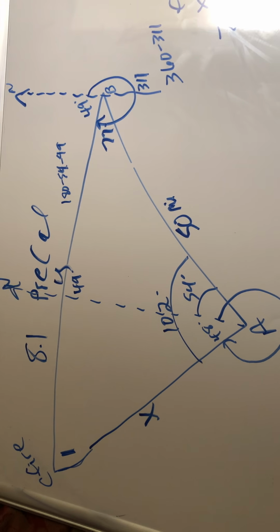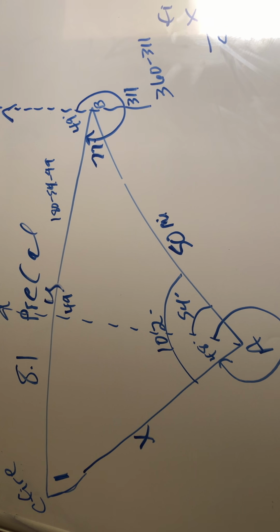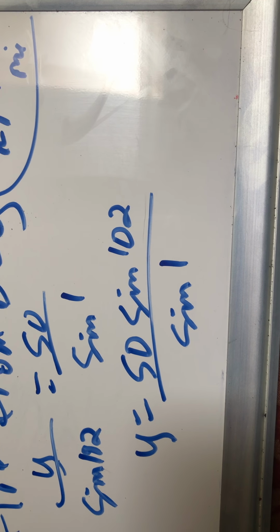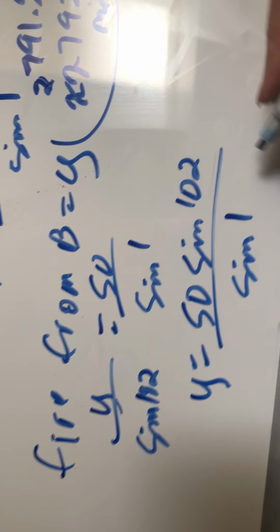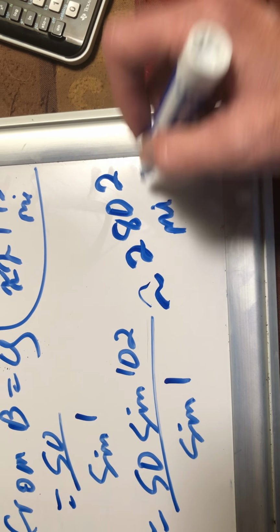I did my calculator wrong. 50 sine 102 divided by sine 1. There we go. Okay, so it's about 2,802 miles.